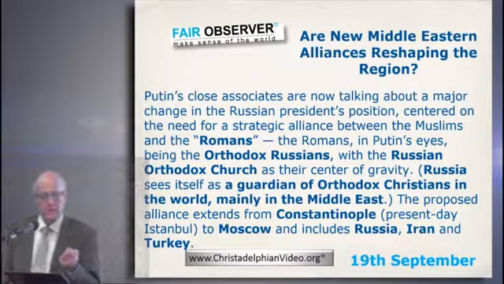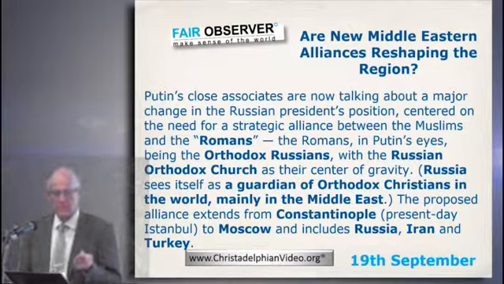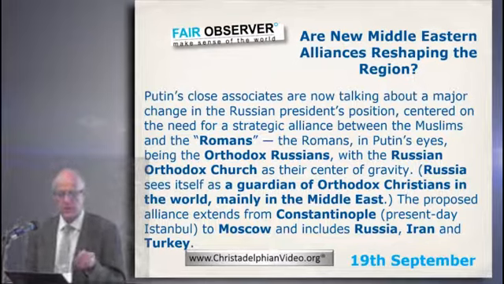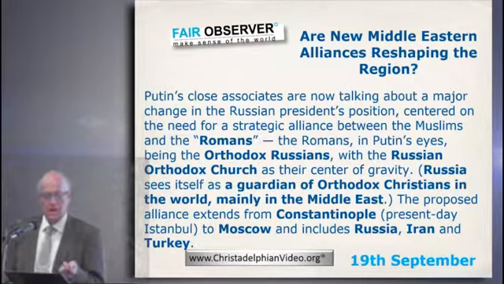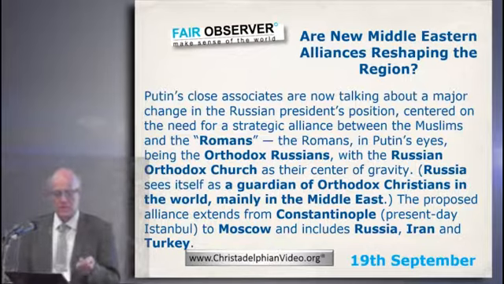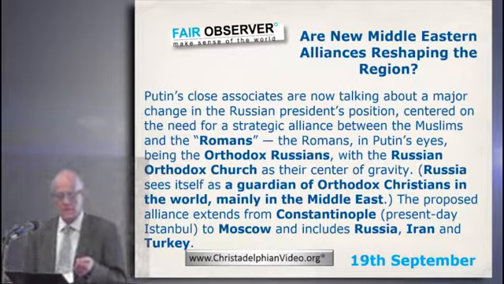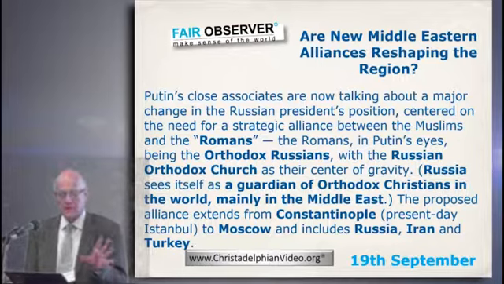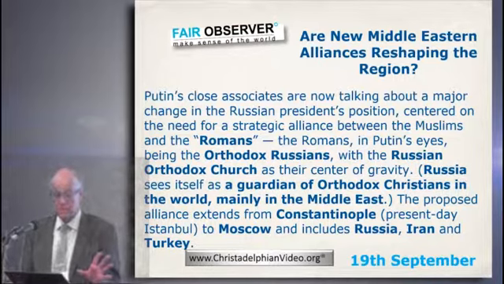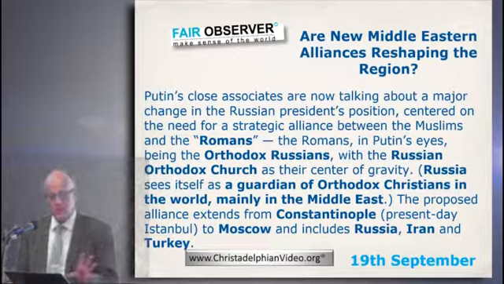The Romans, in Putin's eyes, being the Orthodox Russians, with the Russian Orthodox Church as their centre of gravity. Russia sees itself as a guardian of Orthodox Christians in the world, mainly in the Middle East. The proposed alliance extends from Constantinople, present Istanbul, to Moscow and includes Russia, Iran and Turkey.